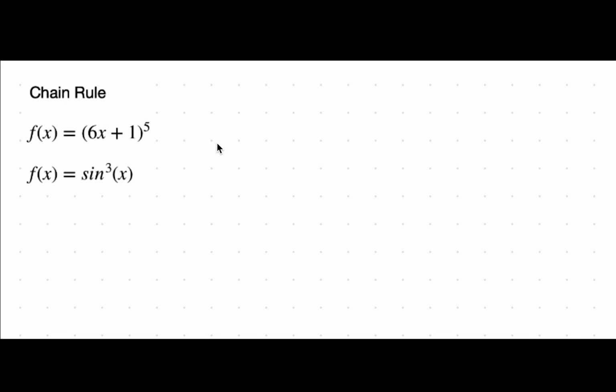So for example, if we have the quantity of 6x plus 1 raised to the fifth power, we first take the derivative of the outer portion. So what we'll do is bring down the 5 as a coefficient out in front of 6x plus 1, and then subtract 1 from the power. So 4 will be the new power then.